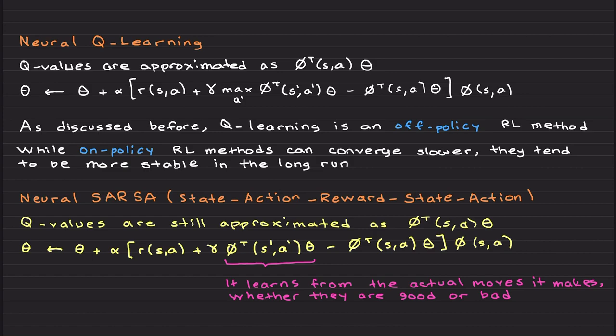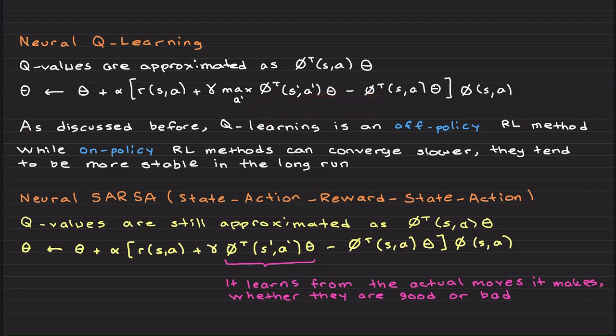And the only difference is here. When you code this, Q-learning looks at max Q transpose S prime: you look at the action with the maximum value.